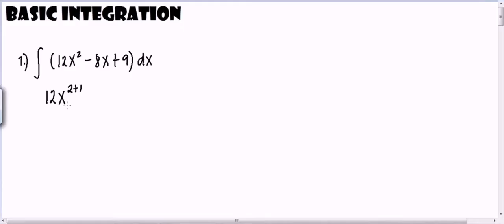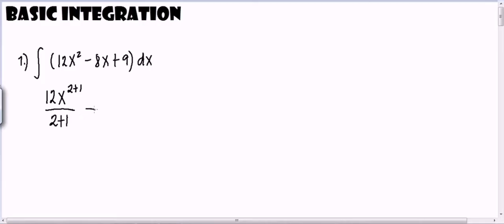Sa integration naman, magka-plus kayo ng 1. And then, pagkatapos nun, saka nyo siya i-divide dito sa numerical coefficient. Diba ang ginagawa natin sa derivative, minumultiply. So, the opposite of multiplication is division. So, ang gagawin natin, i-divide ko to dito sa may bagong exponent which is 2 plus 1. So, kakopy ko lang si 2 plus 1.